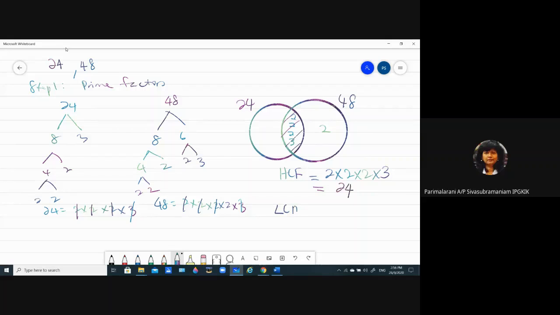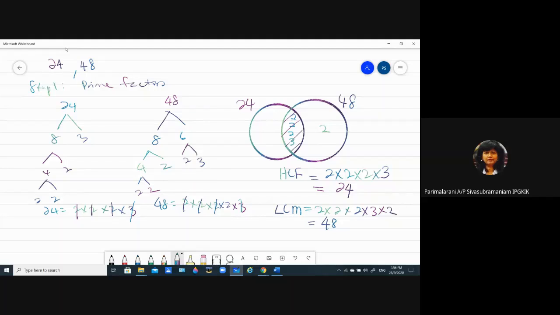The LCM, lowest common multiple, will be all of this: 2 times 2 times 2 times 3 times 2, which is 48. So the HCF for 24 and 48 is 24, and the LCM is 48.